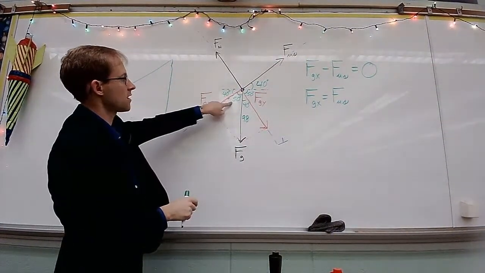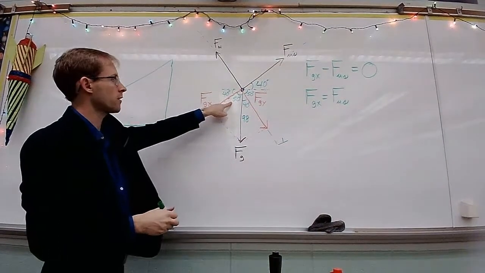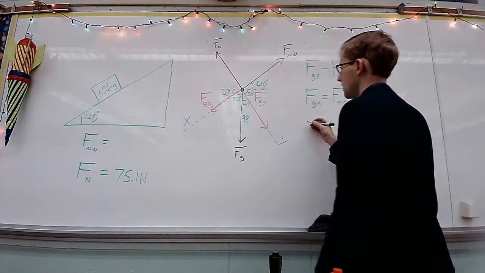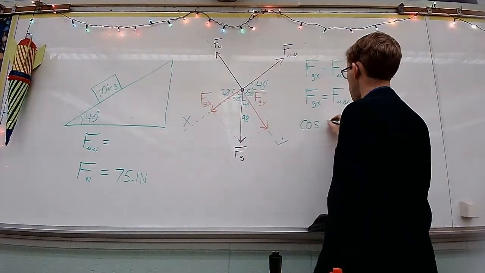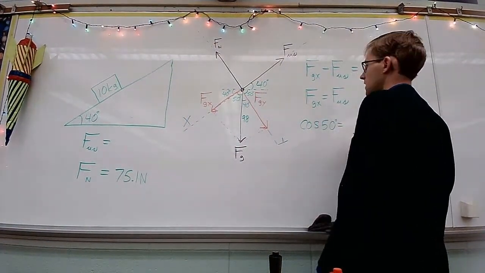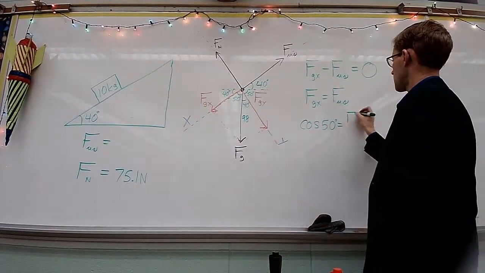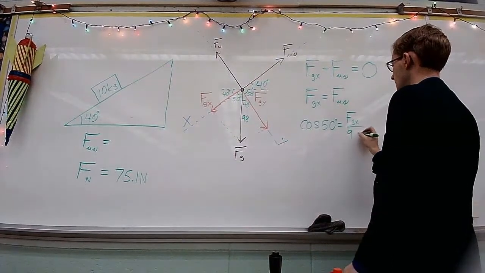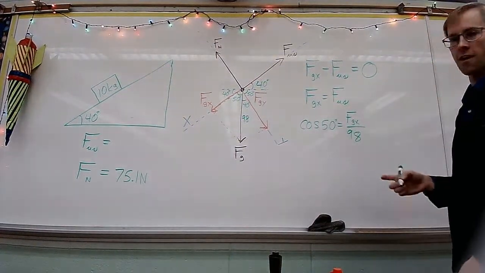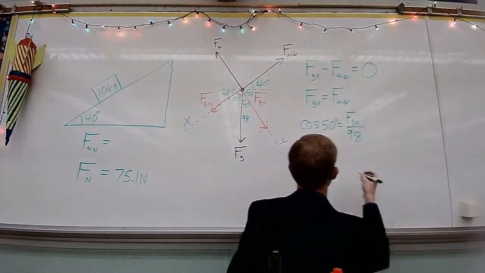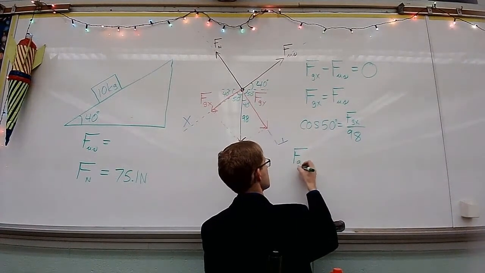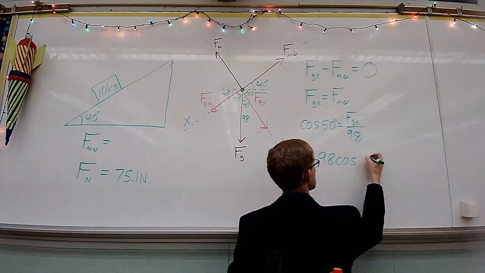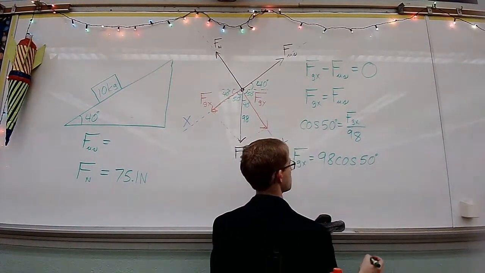It is the adjacent side of this 50-degree angle, and because it's the adjacent side, I'm going to be using cosine. So cosine of 50 is equal to adjacent, which is FGX, over hypotenuse, which is still 98. So force of gravity in the x direction is equal to 98 times the cosine of 50 degrees.